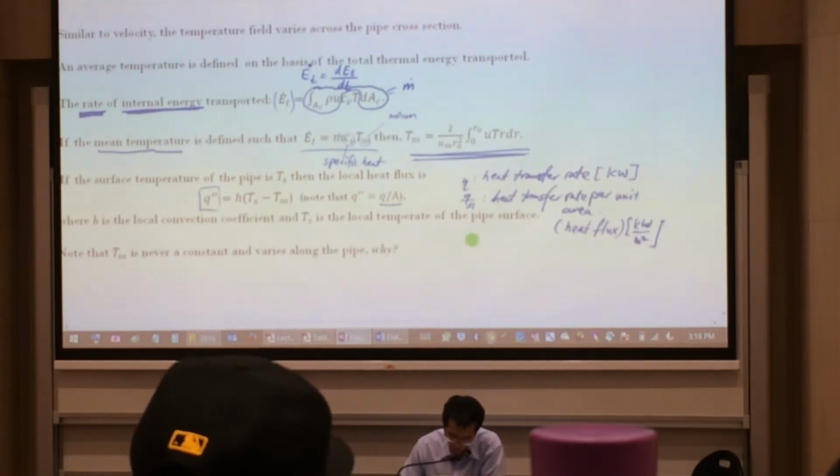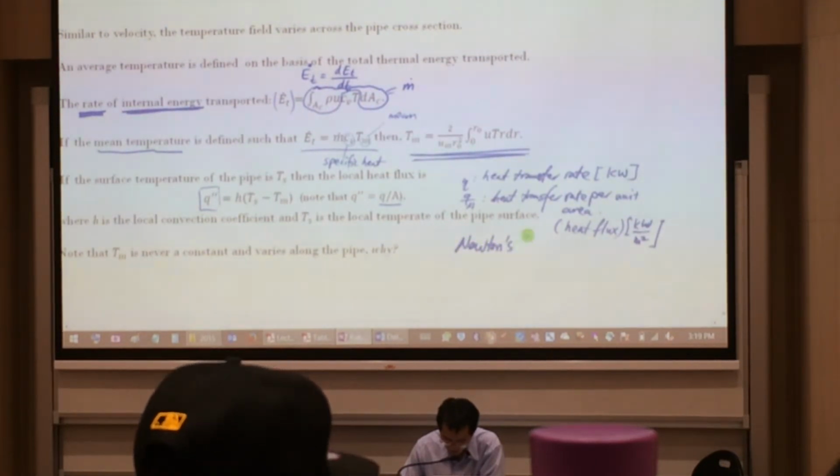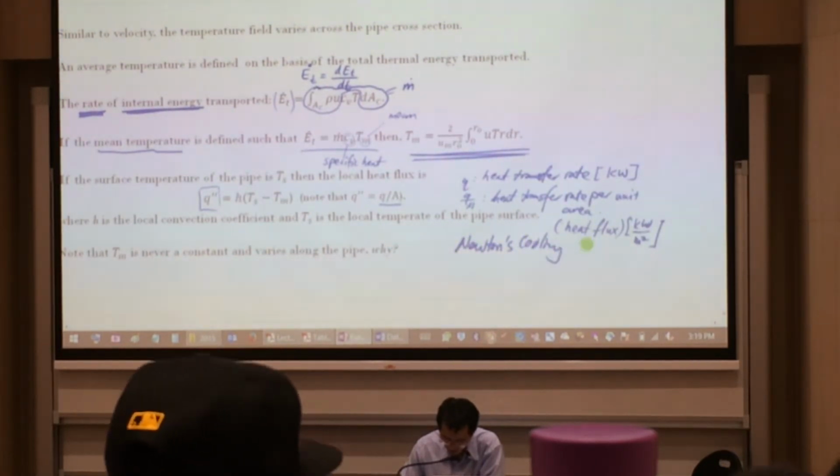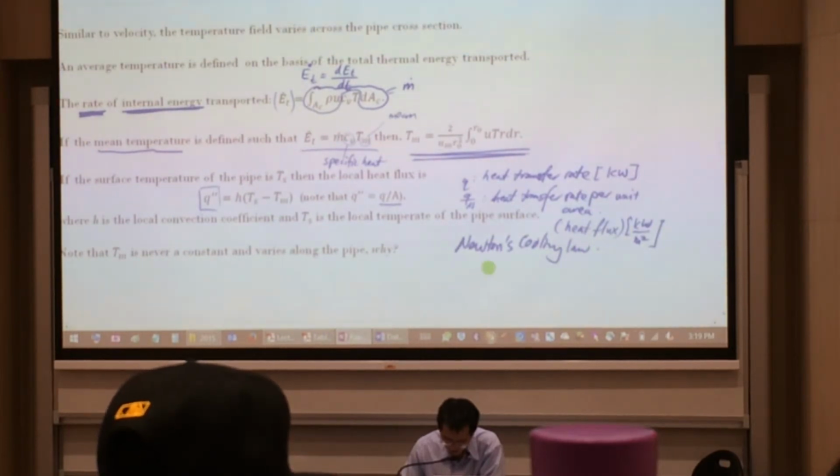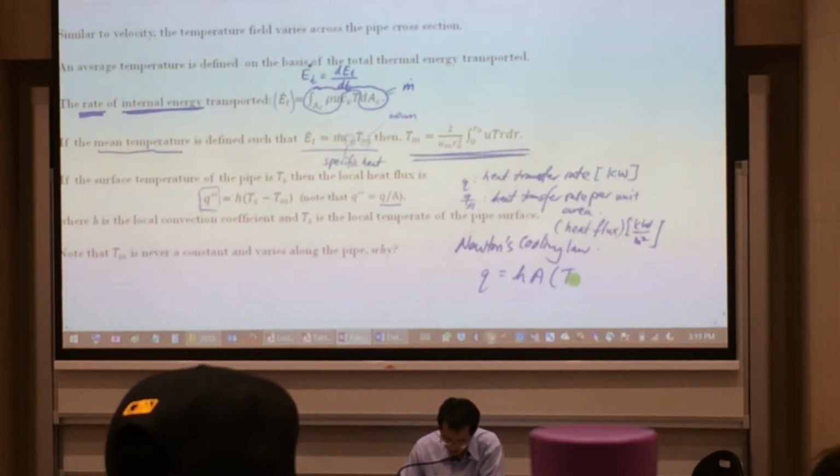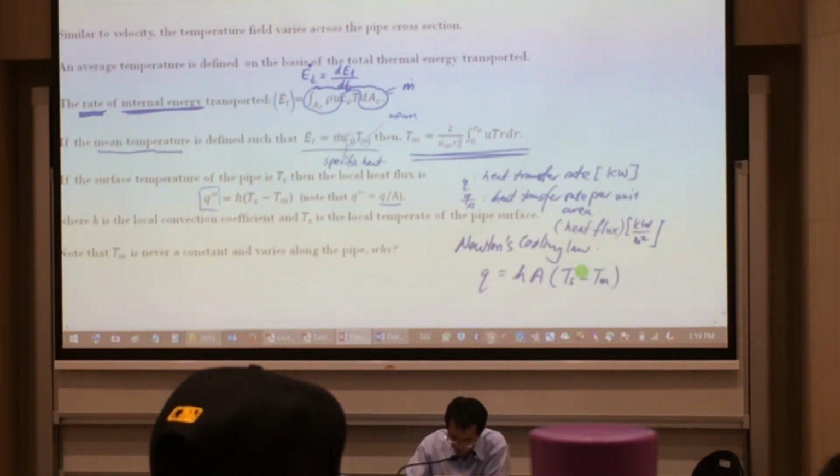So you have seen before the Newton's cooling law. It says that your Q will be equal to hA delta T, and delta T here refers to the surface temperature minus the mean temperature that's out there in the core part of it.